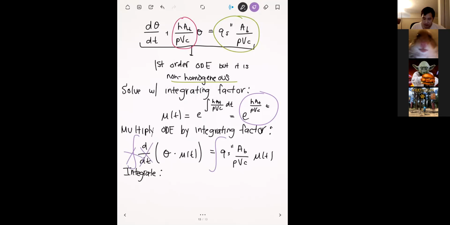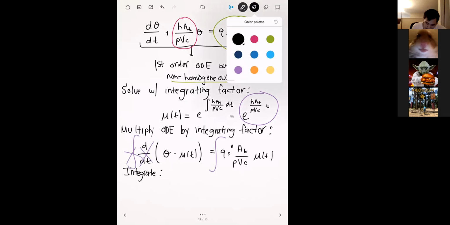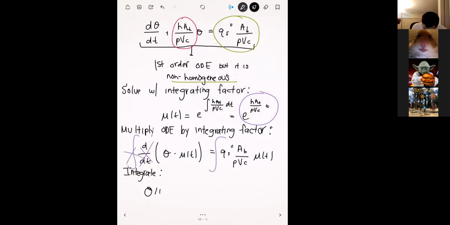On the left-hand side, what we have is theta of t times mu of t is equal to the integral of q_s double prime A_B over rho V c. I'm going to plug in for mu of t here, and mu of t is e to the hA over rho V c t.